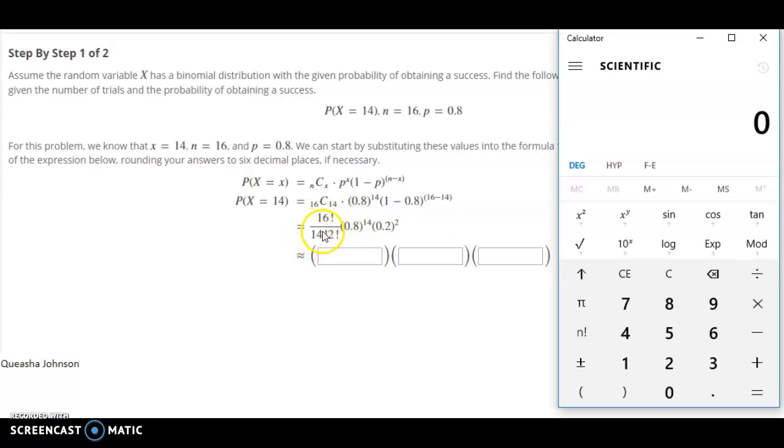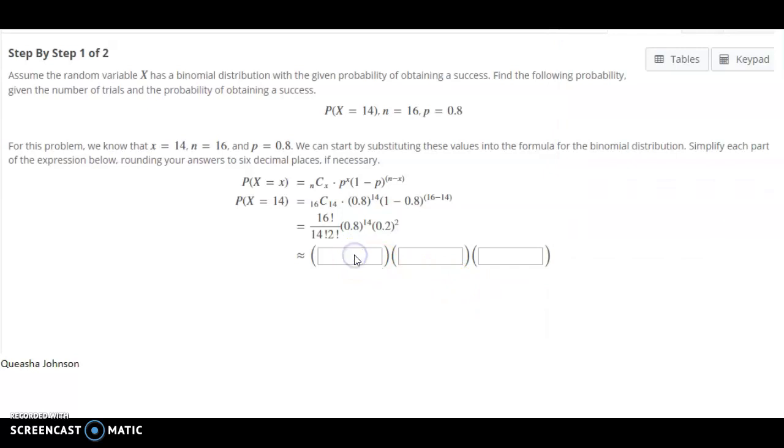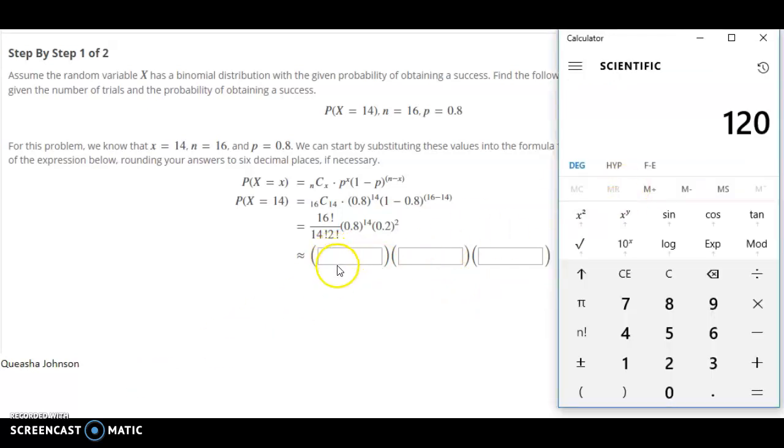So really the only part that would be left after the cancellation would be 16 times 15. And then on the bottom, we'd have 2 times 1, or 2. So this would be 16 times 15, divided by 2, equals 120. That would be our first term.